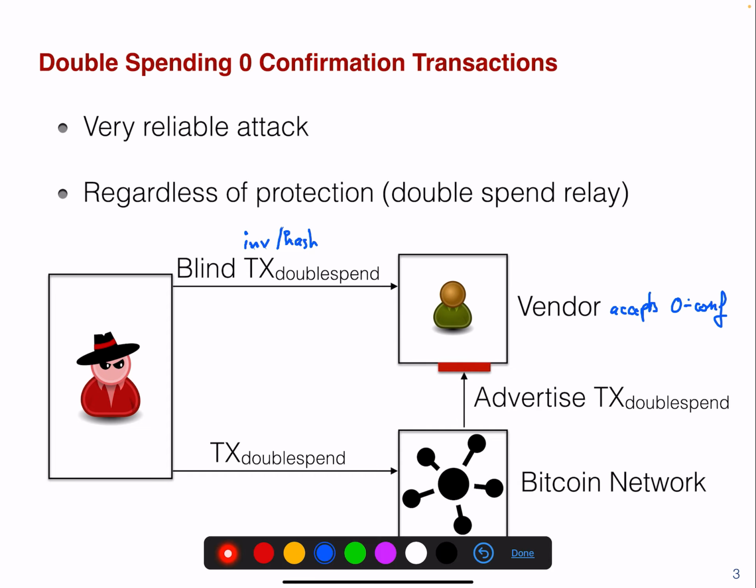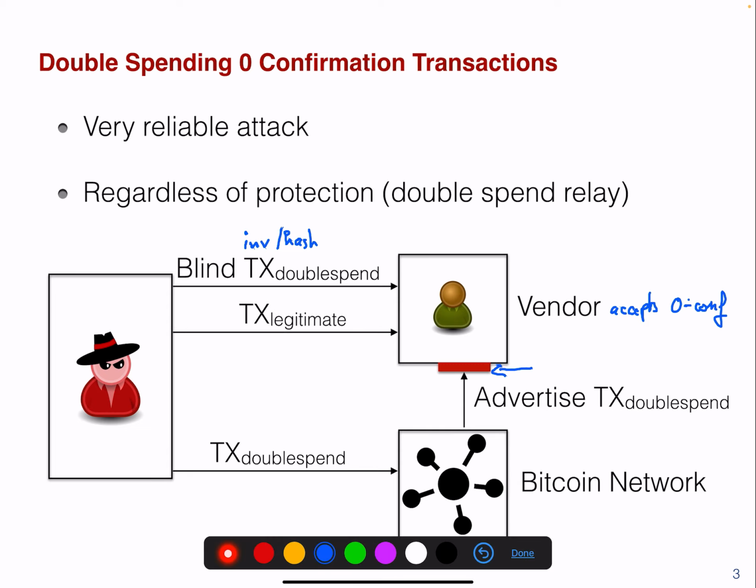The Bitcoin network will advertise the double spend transaction to the vendor. However, here the victim or the vendor is already blinded, so he will not request this data from the Bitcoin network. Remember, transaction propagation in Bitcoin is a first in, first out queue with a timeout.